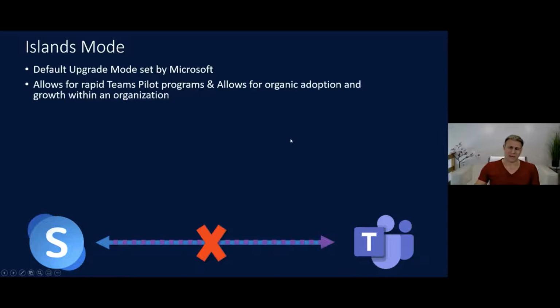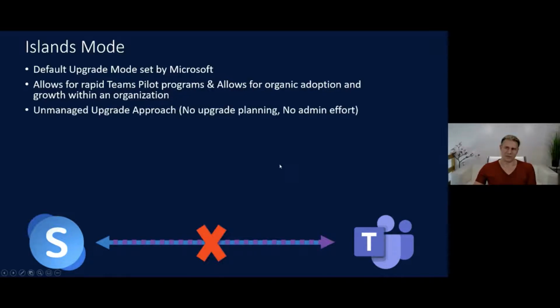So while island mode isn't all that bad for Interop, it's really horrible, but it does allow for rapid pilot programs and organic adoption within the organization. I can't argue with that. That's totally true. And it's really fast how you can do that.